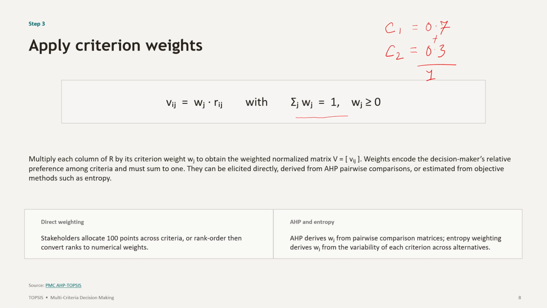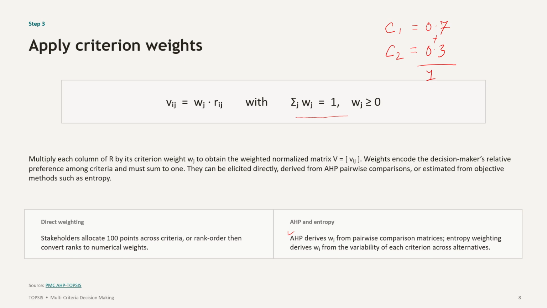Okay. So here you can directly allot the weights from the decision maker, or you can use the weights of criteria as determined by the AHP method. For the first step, refer to my video tutorial on AHP, analytical hierarchy process, or you can use some technique known as entropy weighting.